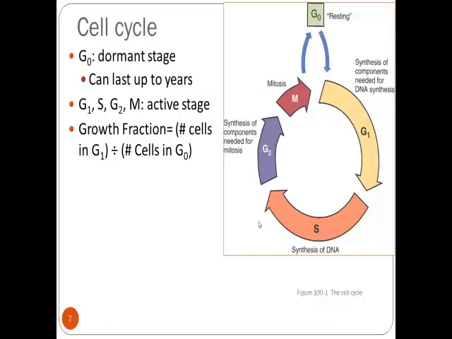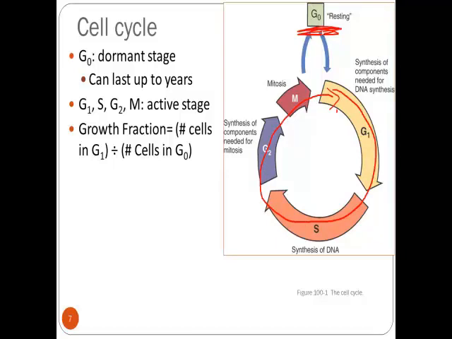This slide shows you the cell cycle, and it's very important to know about the cell cycle because one of the things that you need to know is that the cell can either be resting, in the G0 phase, or it can go through this cell division process, right?